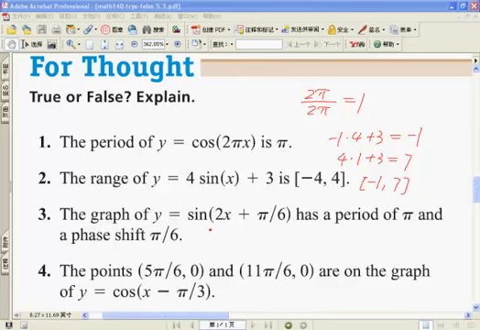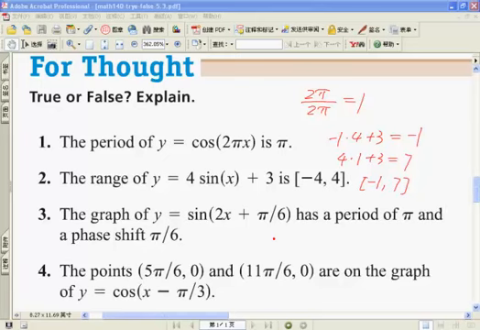Now let's look at number 3. The graph of y equals sine of 2x plus pi over 6 has a period of pi and a phase shift pi over 6. True or false? True.